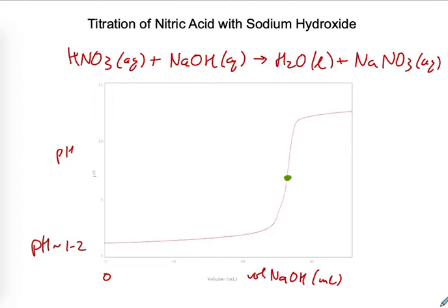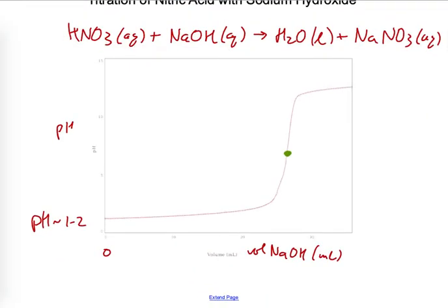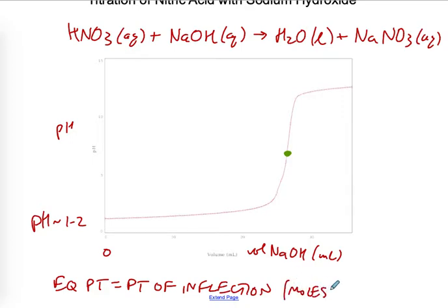I think that's important enough for us to have in the notes. Okay? So, the equivalence point is the point of inflection, which we see on the graph in the green dot. And that means that moles of hydroxide added equals the moles of nitric acid we started with.